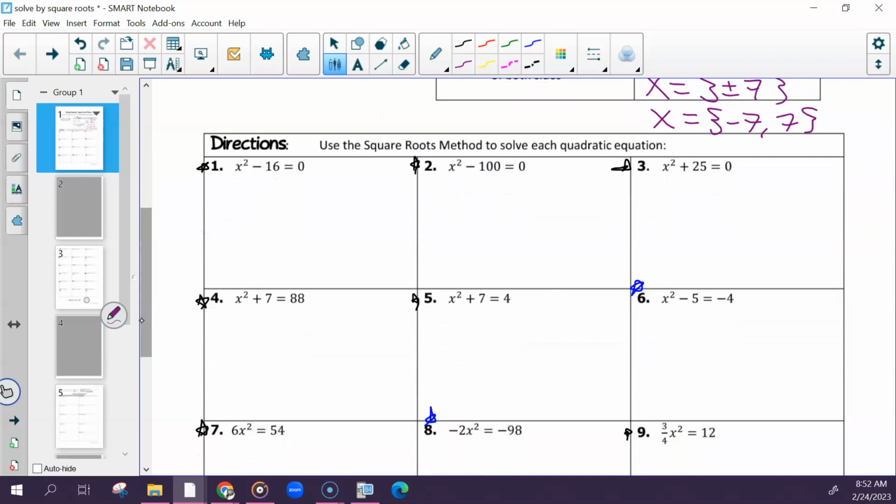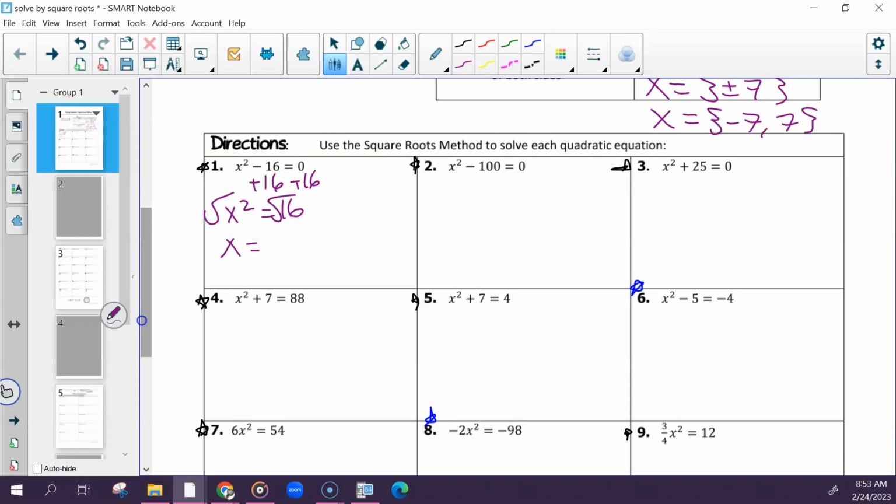Alright, so let's do a few of these. So with number 1, same process. Add 16 to both sides. Take the square root of both sides. The square root of 16 gives us what? 4.